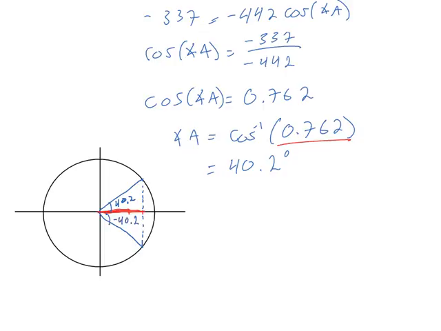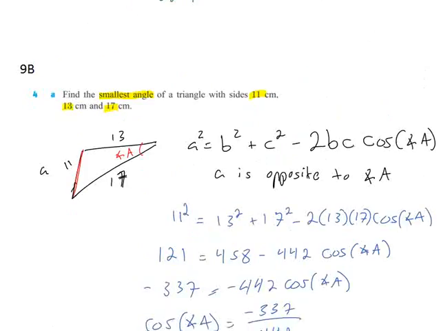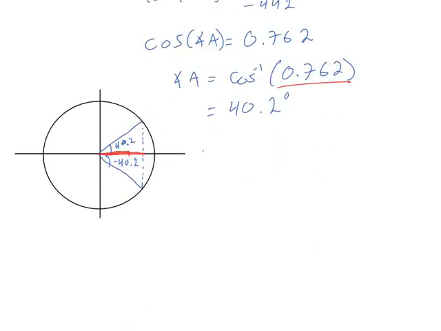But because we're talking about the angle of a triangle, the angle of a triangle cannot exceed 180 degrees. Similarly, it can't be less than 0. So angle A must be less than 180 degrees. Angle A must be greater than 0. So that's not a possible solution.